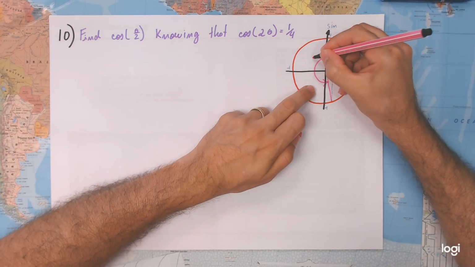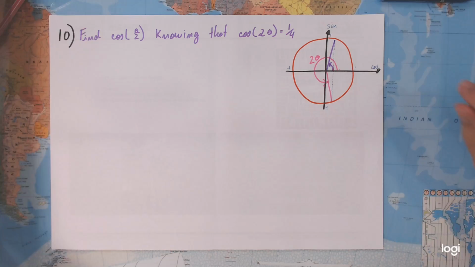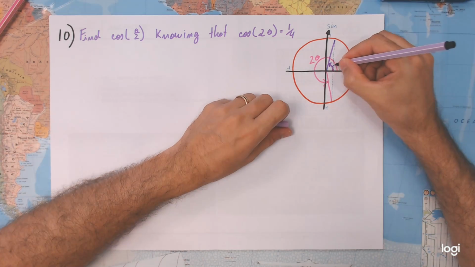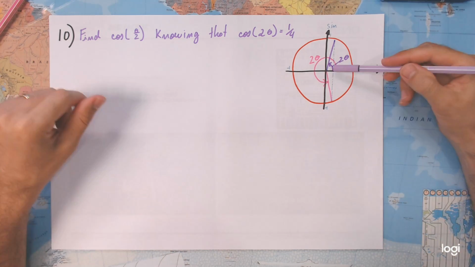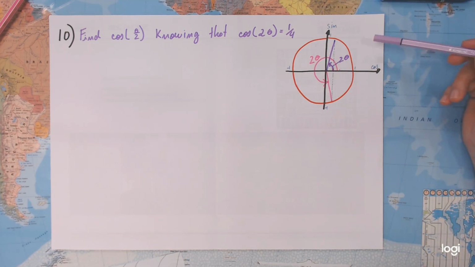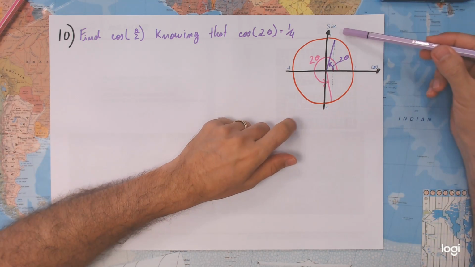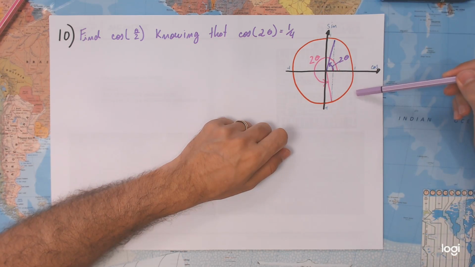This could be 2 theta also, and this also 2 theta. Both angles are going to yield a cosine of 1/4. One angle is in the first quadrant, and the other one is in the 4th quadrant.